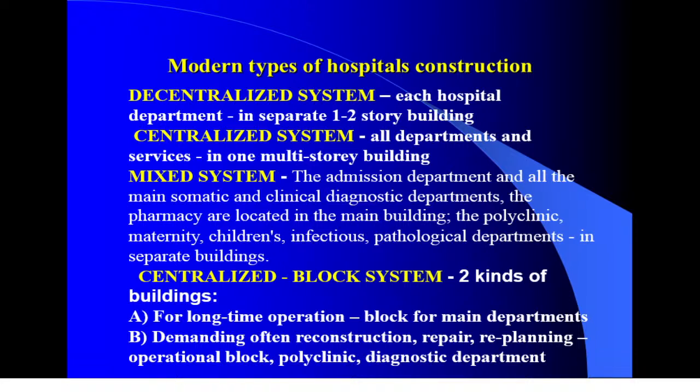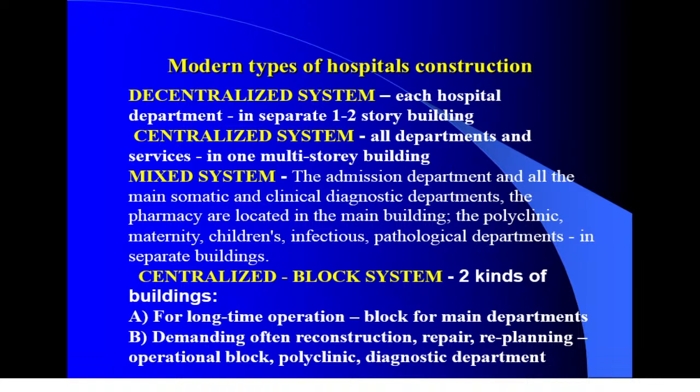And the next type is the mixed system. However, many departments in one building create certain difficulties in organizing a medical and protective regime and preventing nosocomial infections, making it difficult for patients to walk in the fresh air. A mixed building system appeared.